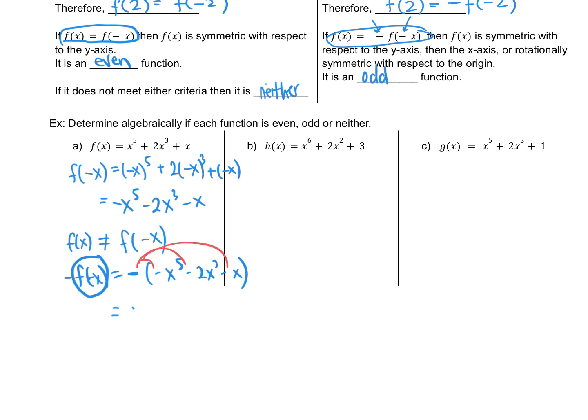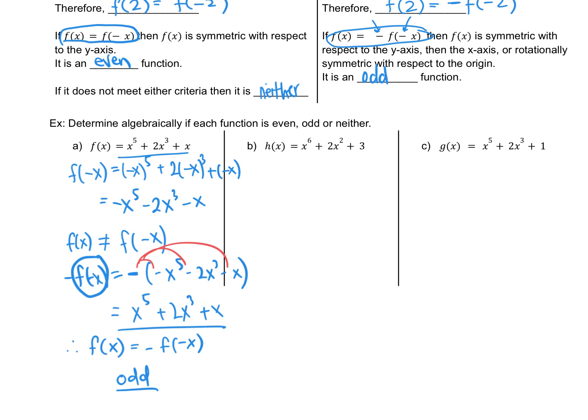And that will give me x to the 5 plus 2x cubed plus x. And this is the same as the original function. So f at x equals negative f at negative x, making it odd.